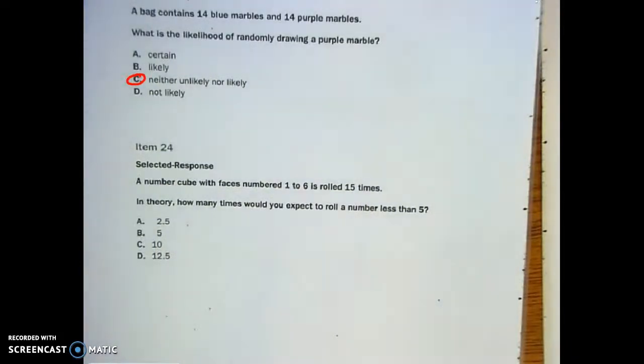For 24, a number cube with faces numbered 1 through 6 is rolled 15 times. In theory, how many times would you expect to roll a number less than 5? There are 1, 2, 3, 4 numbers less than 5. So there is a 4 out of 6 chance when you roll it one time that a number will be less than 5.